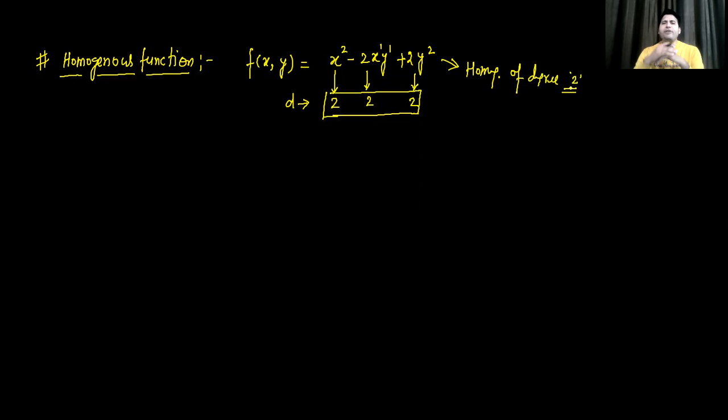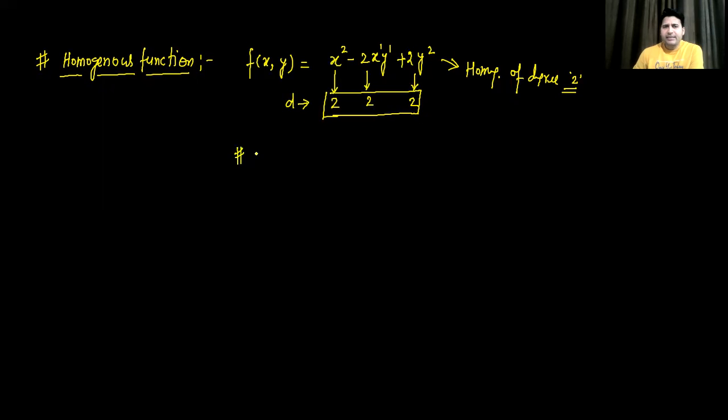The simple way of checking whether a function is homogeneous or not is to simply find the degree of each term, and if we get a unique degree, then the function is said to be homogeneous, otherwise non-homogeneous. I am taking another example.